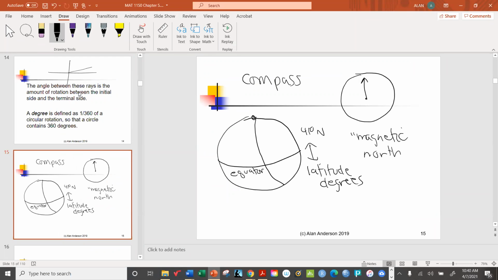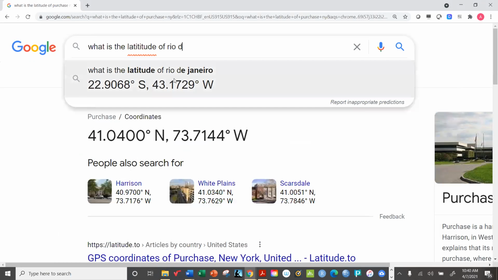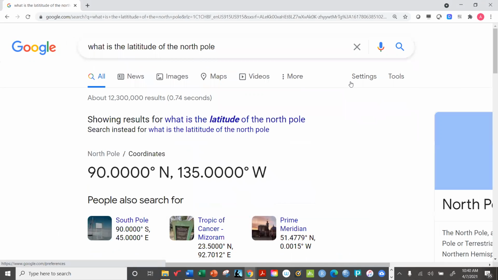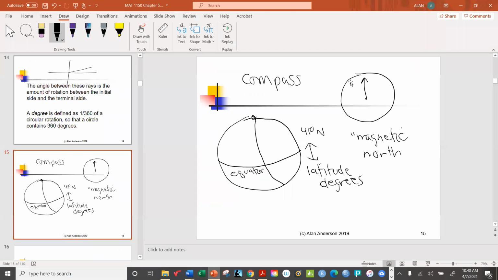Now, the North Pole would therefore be 90 degrees. Let's confirm that. 90 degrees north. By definition, the latitude of the North Pole is 90. And then, of course, the South Pole down here would be 90 degrees south.